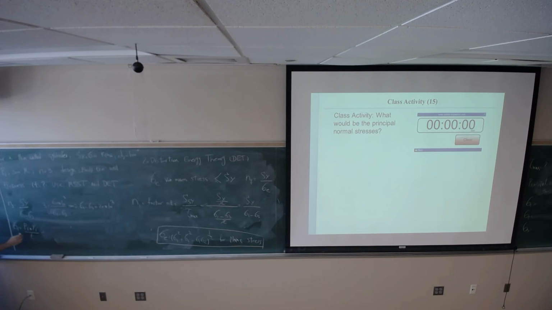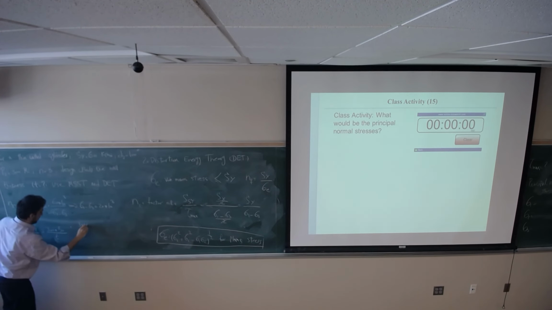So sigma 1 is going to be pressure, which is 300 psi, times the radius, half of the diameter, divided by t. I'm looking for t, so I leave it there. Sigma 3 is 0. Just plug in the values right here.